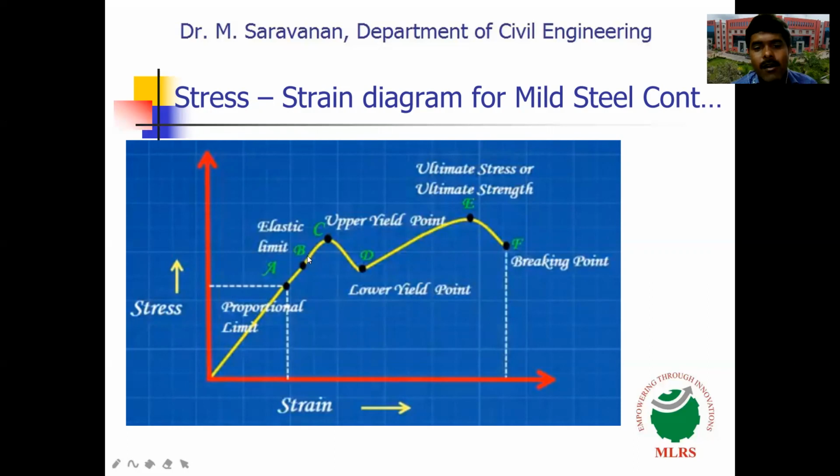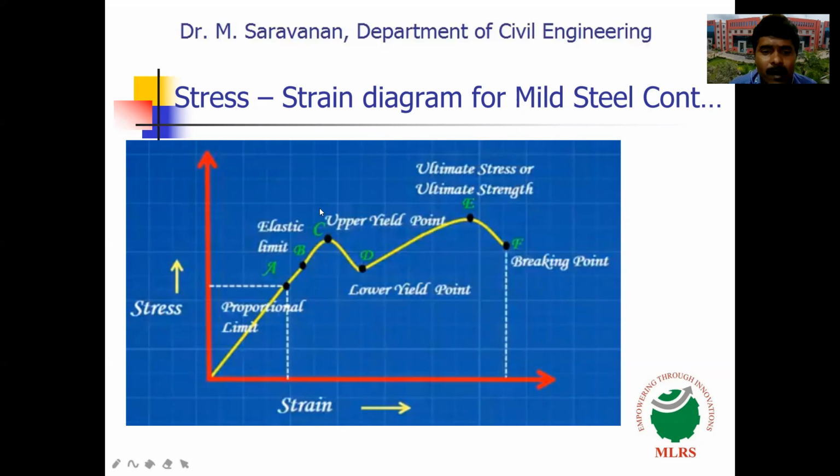The material starts yielding. It means the material is subjected to deformation. So it means the material will not obey Hooke's law. It means the material will not come to its original position even if you remove the load. This zone is called the point C to D. This zone is called the yielding zone, yield point.